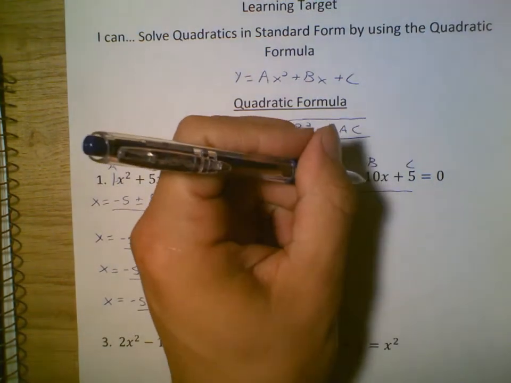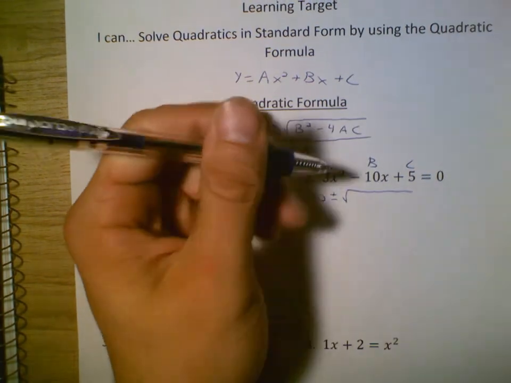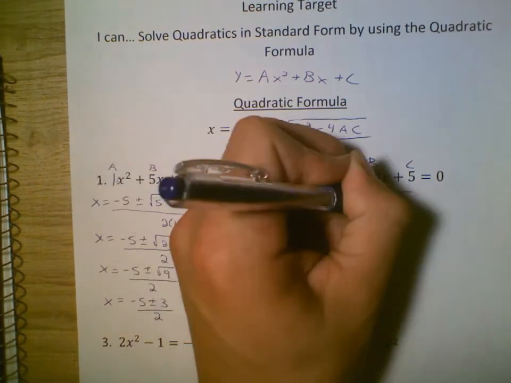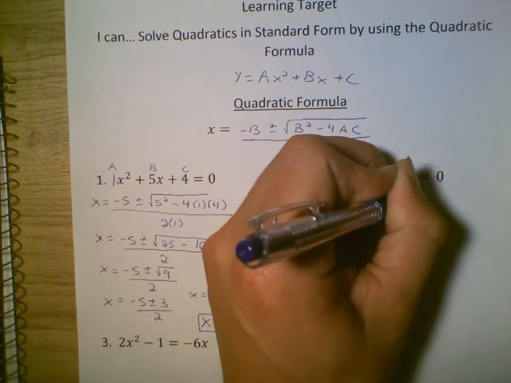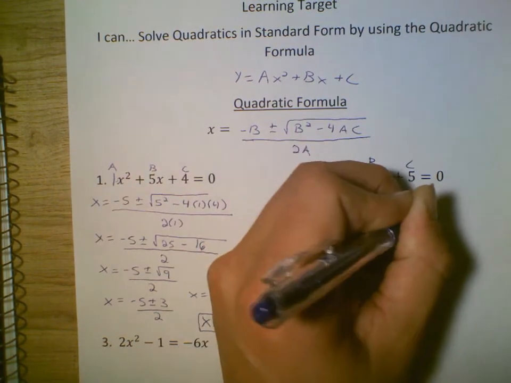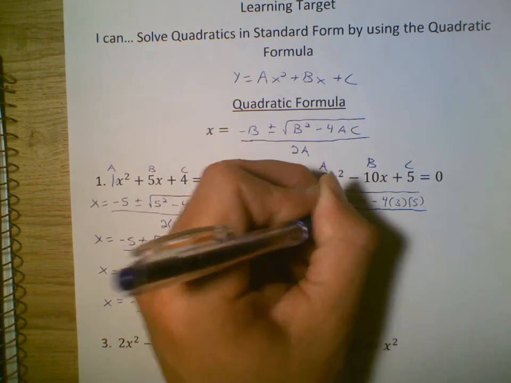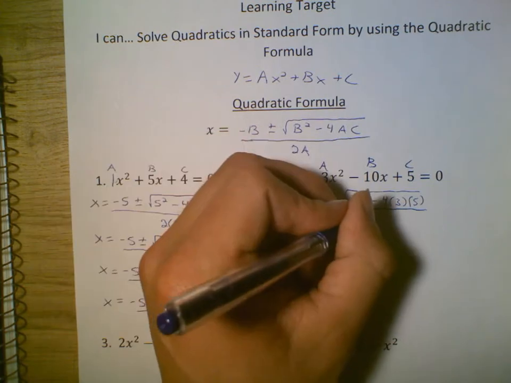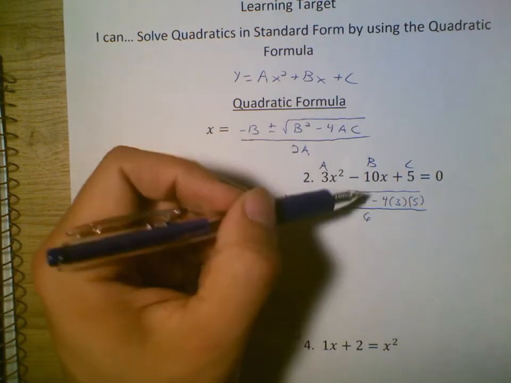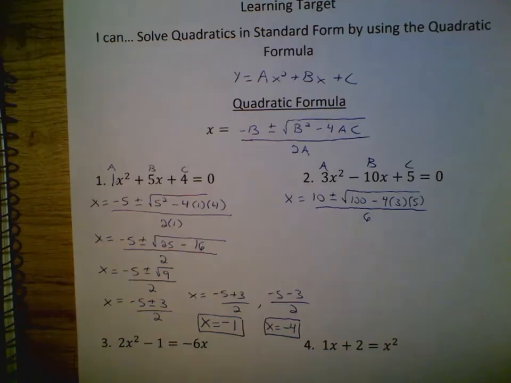If I take negative 10 and square it, that's going to be 100. And then I'm minusing 4 times the a times the c, and I'm dividing by 2 times whatever the a is. So if I do that quick, 2 times a is going to be 6. I'm simplifying as I'm plugging in to help save time and save some room here.